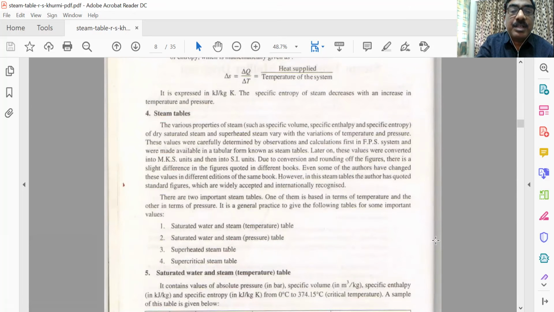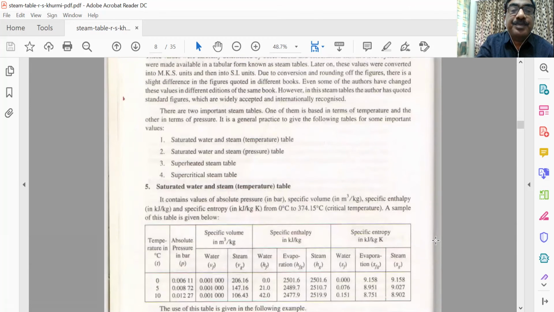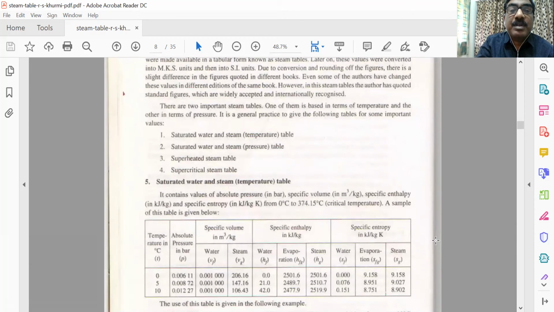In the steam table, there are different types of steam tables: saturated water steam table based on temperature, saturated water steam table based on pressure, superheated steam table and supercritical steam table. You have to find out the enthalpy by using some of these steam tables depending on the state.